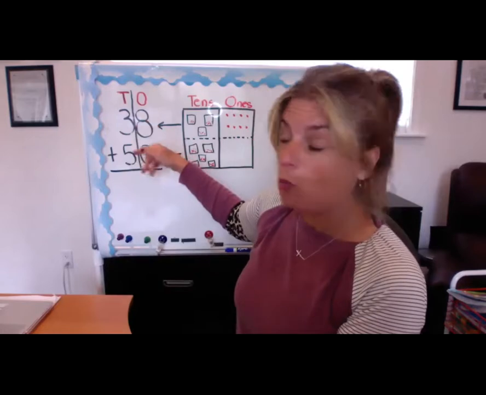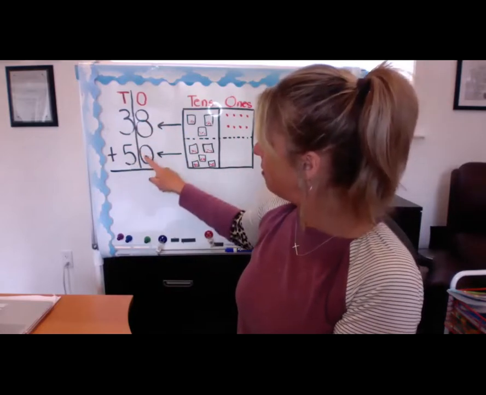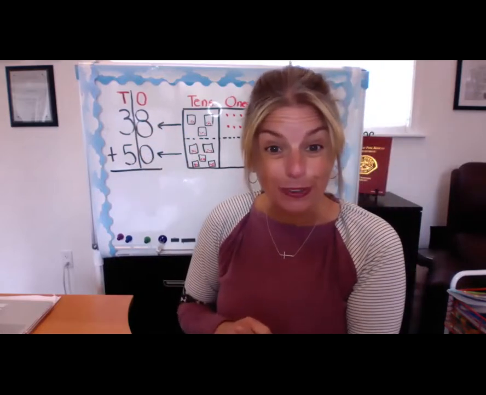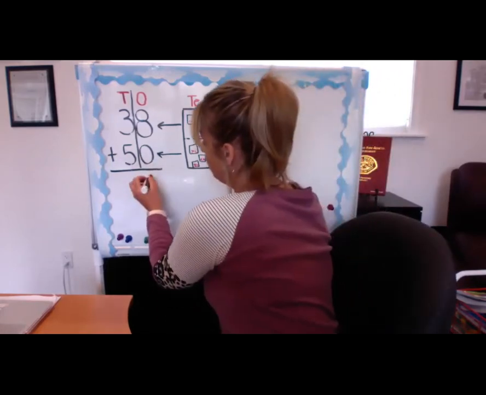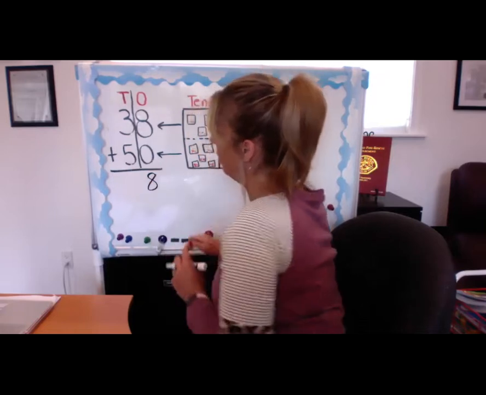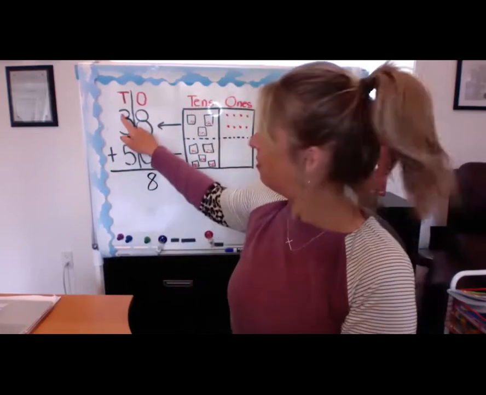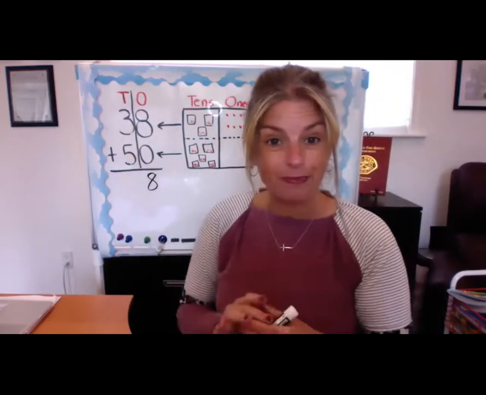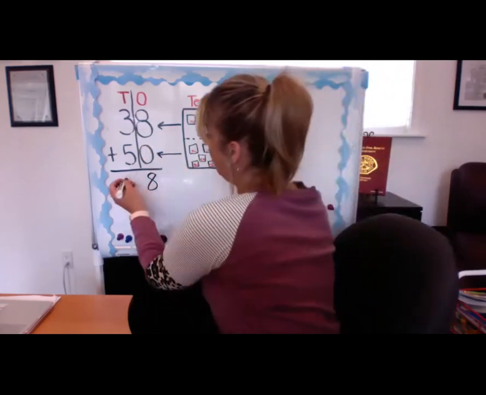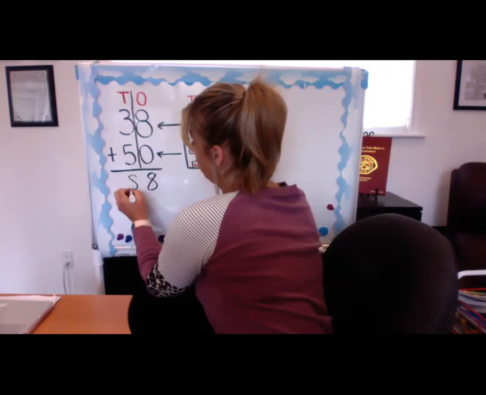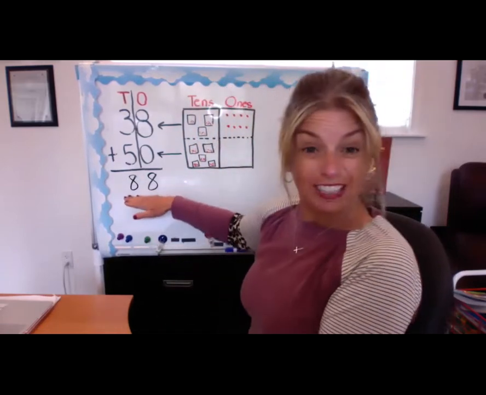We're adding our ones. 8 plus 0 equals what? 8. 8 plus 0 equals 8. Now we're going to add our tens. 3 plus 5. 3 plus 5 equals 8. So now we have our answer here.